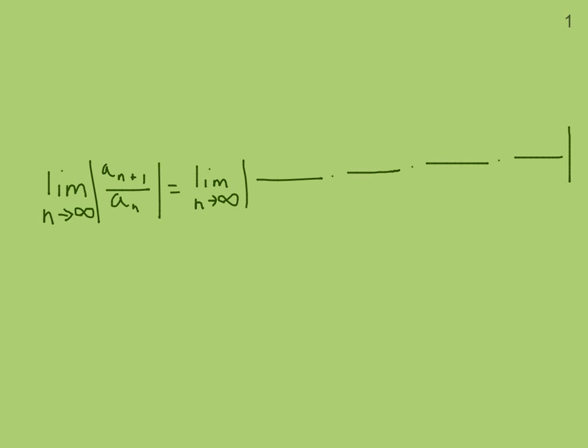If we do a sub n plus 1 divided by a sub n, the numerator will have the negative 1 to the n plus 1, and the x minus 5 to the n plus 1. Well, the denominator will have the 4 to the n plus 1 and the cube root of n plus 1.